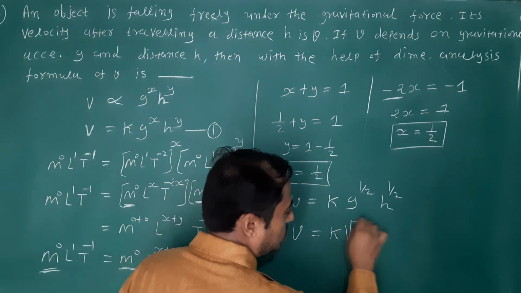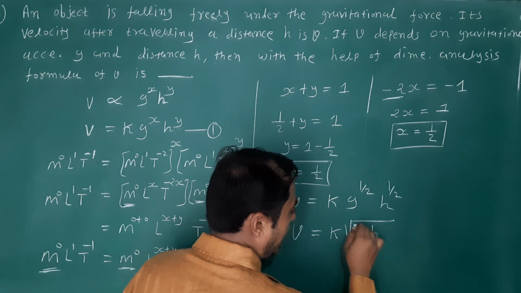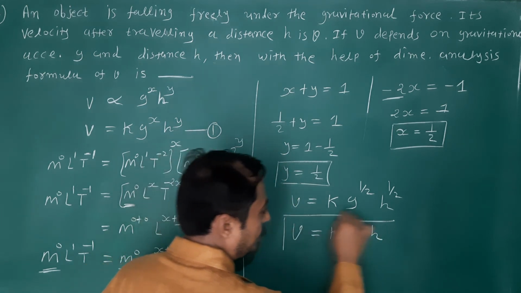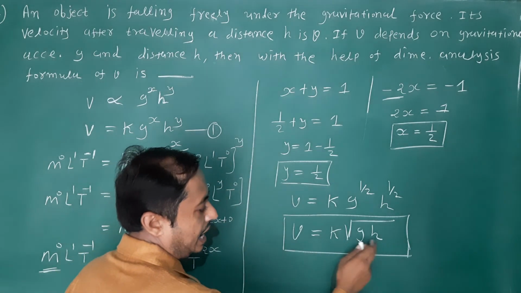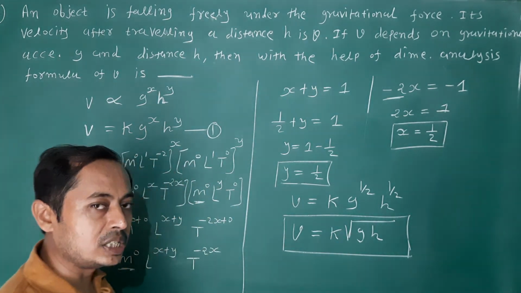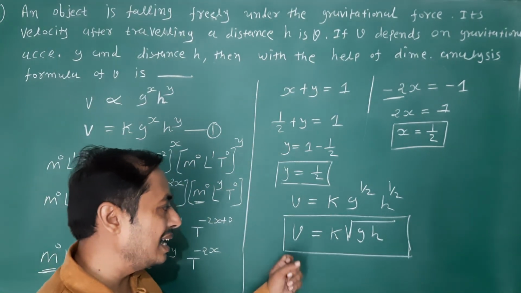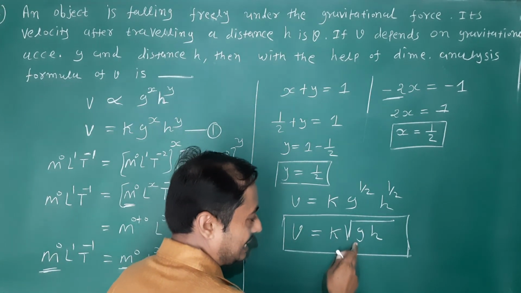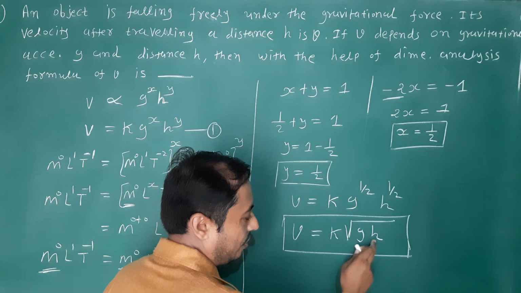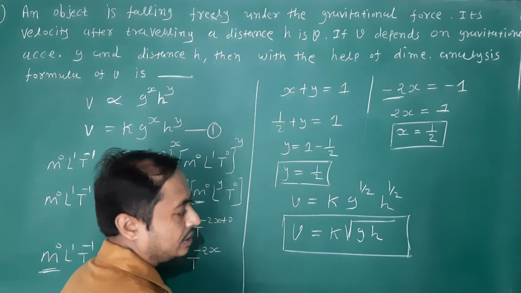So now we take root gh. So v is equal to k under root gh. Here k is a constant. So this is the relation between velocity, gravitational acceleration, and height h.